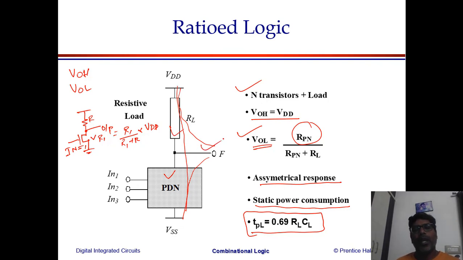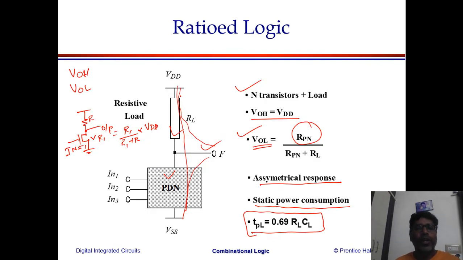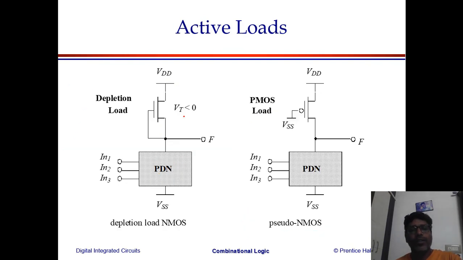So when I summarize this ratioed logic, of course it reduces the number of transistors, that's fine, but the noise margin also gets reduced. And one more disadvantage, the static power consumption is going to be here, which was not in static CMOS logic. To reduce the power consumption, people came out with another solution, replacing this load resistance by active devices, something like NMOS and PMOS, which are permanently on.